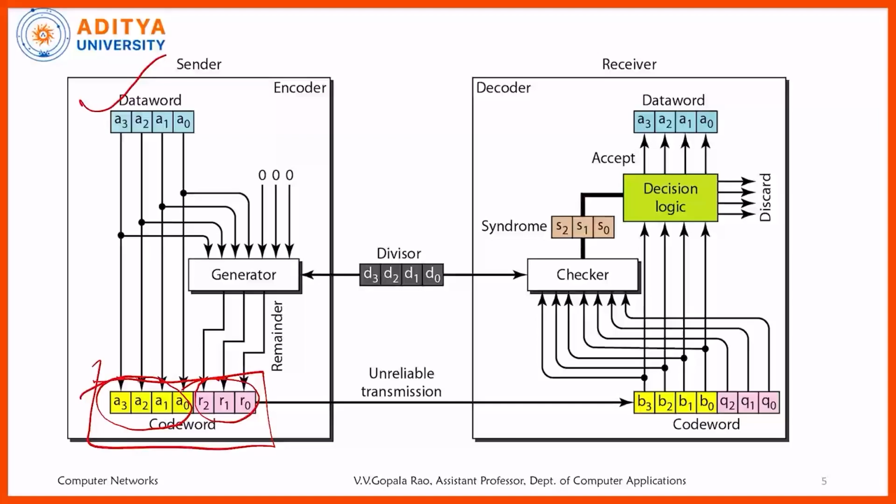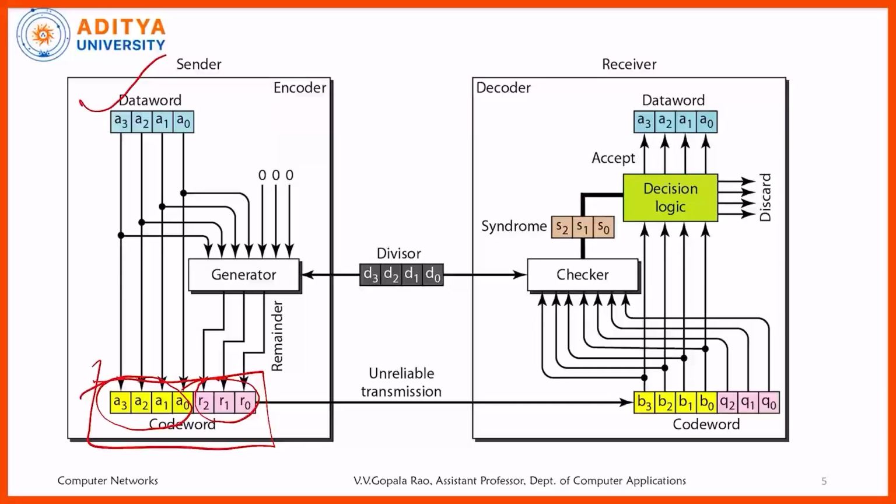So, this is the way the code word is actually generated, and this code word is transmitted to the receiver. The receiver is actually using the code word, but of course, the code word is renamed as B0, B1, B2, B3 and Q0, Q1, Q2 to avoid confusion. This particular notation is followed, and this code word is allowed for the checker.